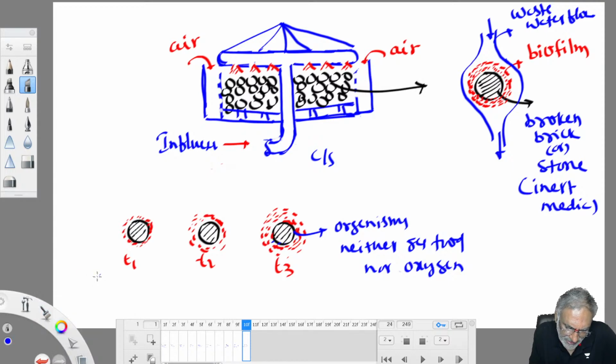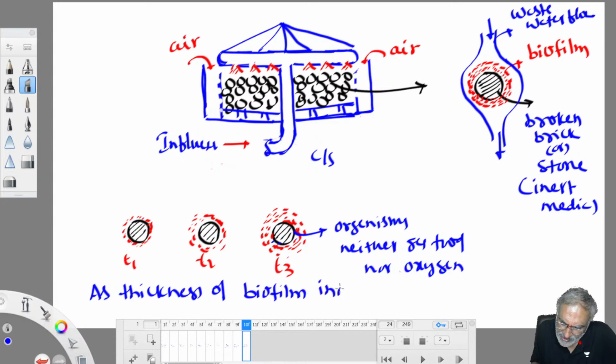As thickness of biofilm increases, because microorganisms grow in more and more numbers as food and oxygen are available, at one stage biofilms are sloughed off. Sloughed means they are removed, detached from the media.